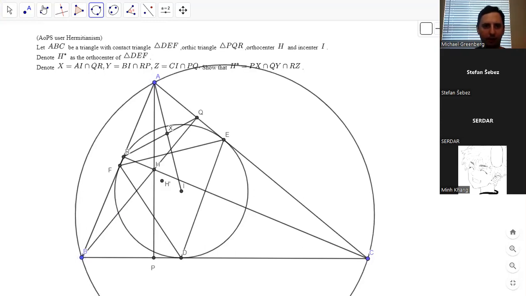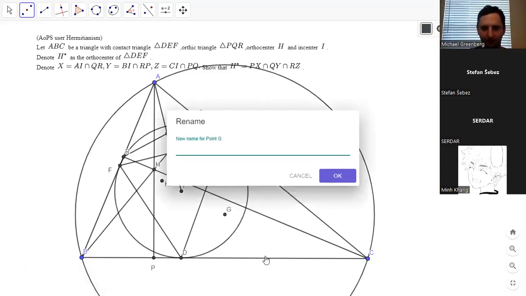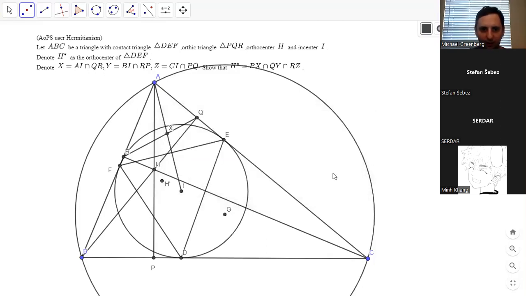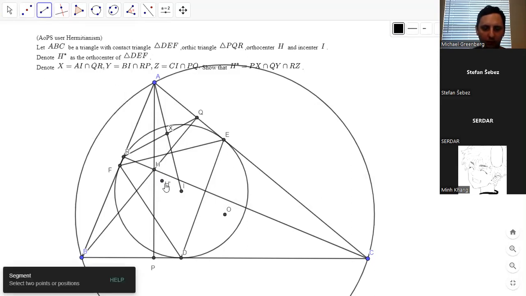I don't know how hopeful that will be, but who knows? This is true when H prime is the orthocenter of the incentral triangle. Yeah, IH prime is parallel to OH, when H prime is the orthocenter of the incentral triangle, not the contact triangle.